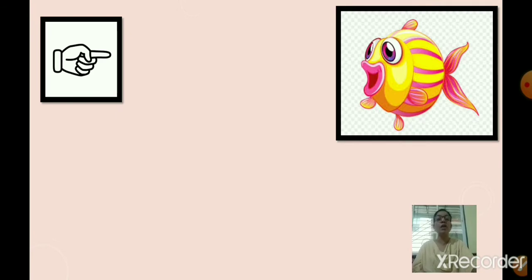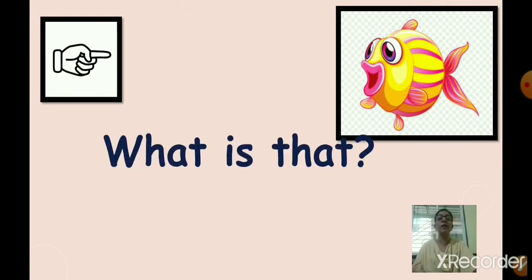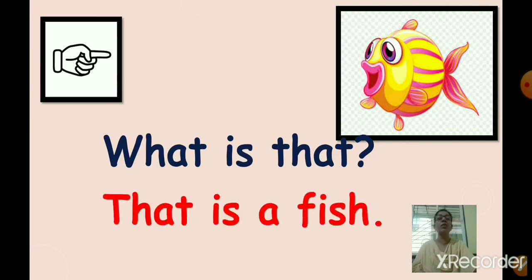So, how are you going to ask the question? What is that? Why are we asking that? Because the object is far away from you. So, how are you going to answer? That is a fish. You are not going to just say fish. You are going to answer in a full sentence.